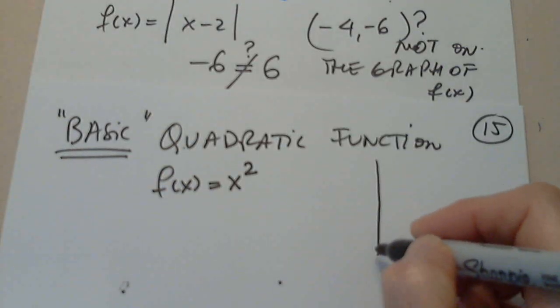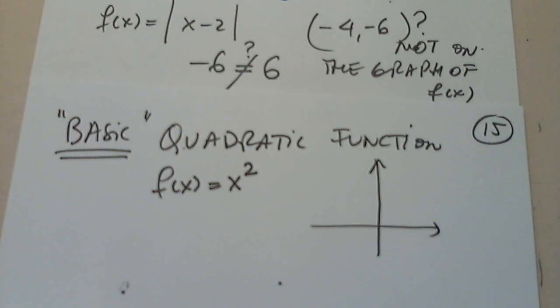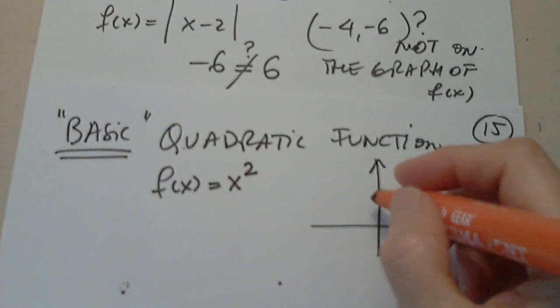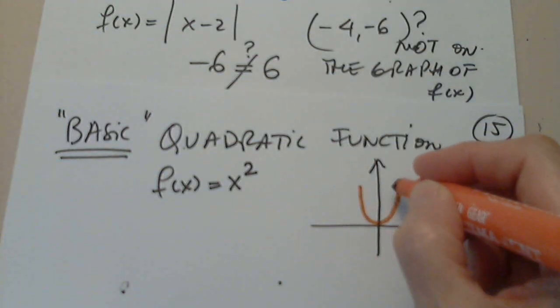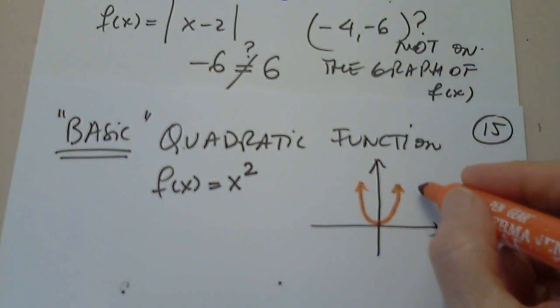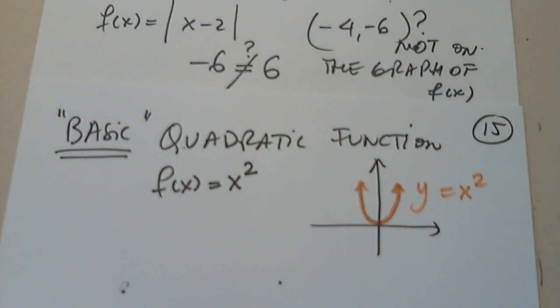And we need to remember the graph. It's a very simple graph, easy to remember. It looks like this. Like a little mug, like it holds water. So y equals x squared. So this is the simplest possible quadratic function.